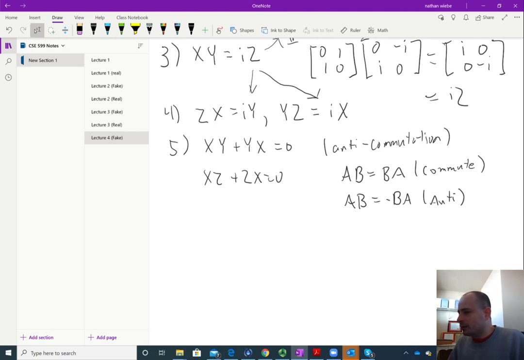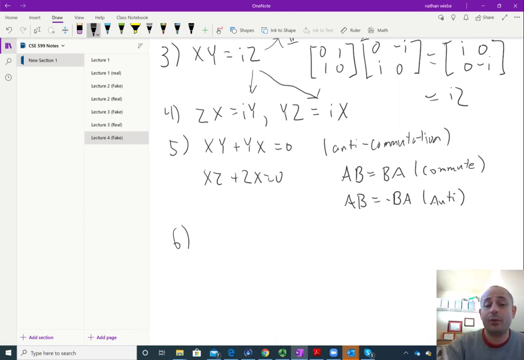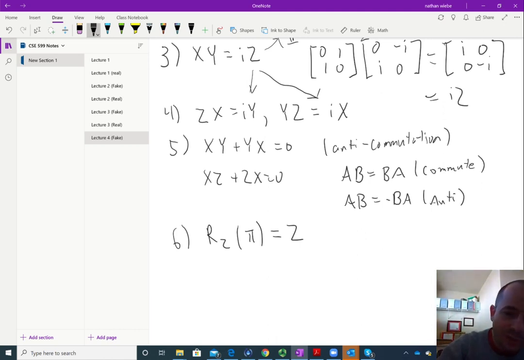And finally, I should mention that the RZ gate can be used to implement basically any of the S or Z gates. For example, RZ of pi is equal to Z.